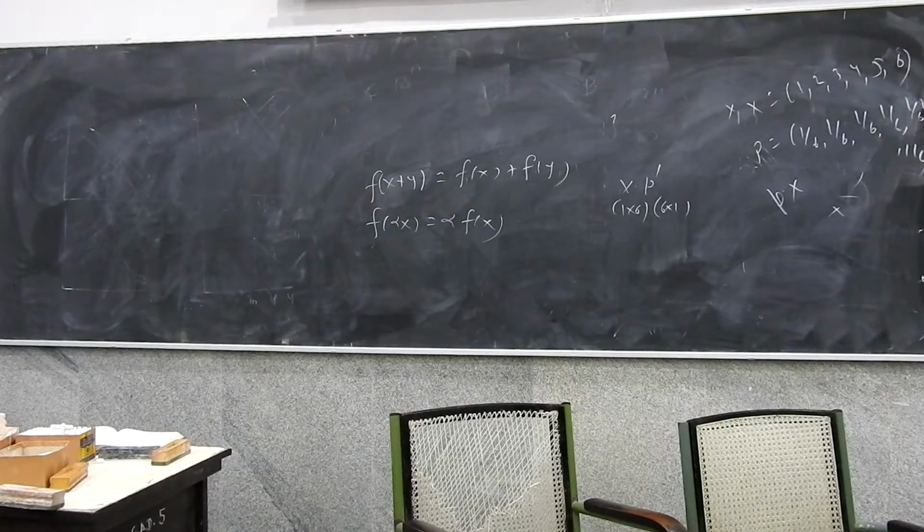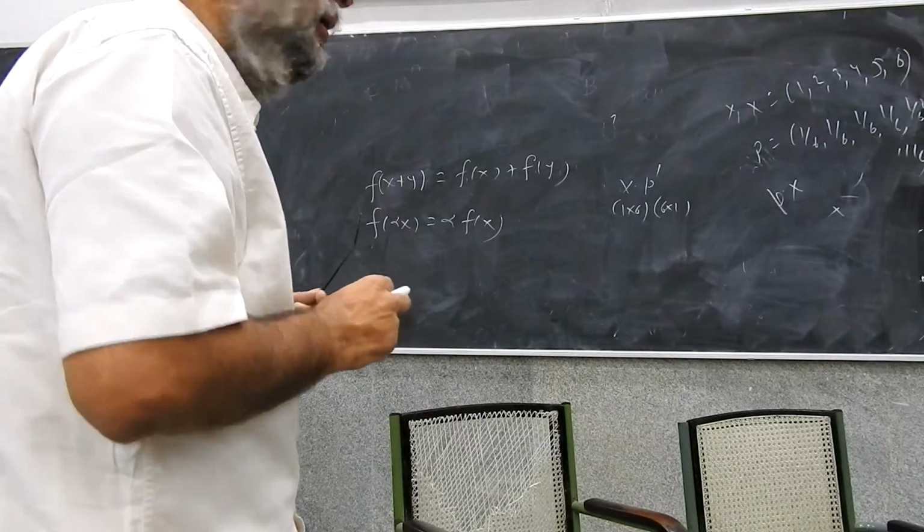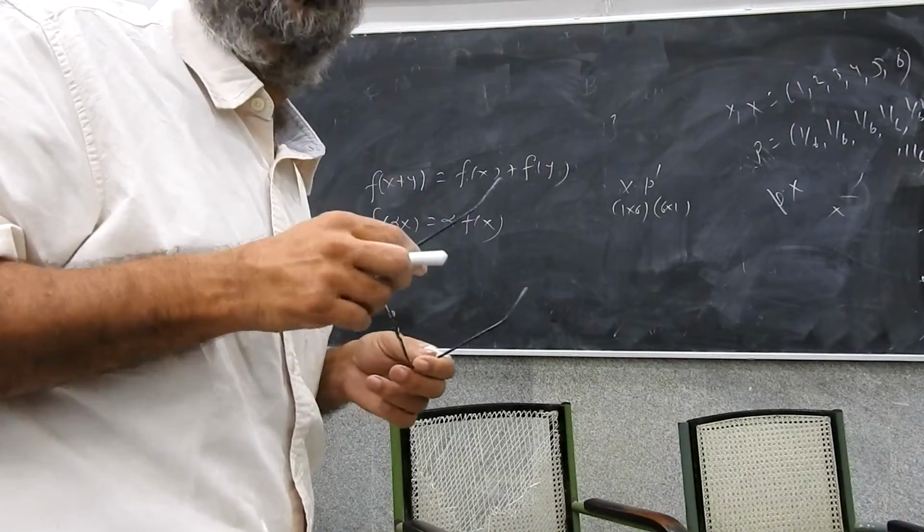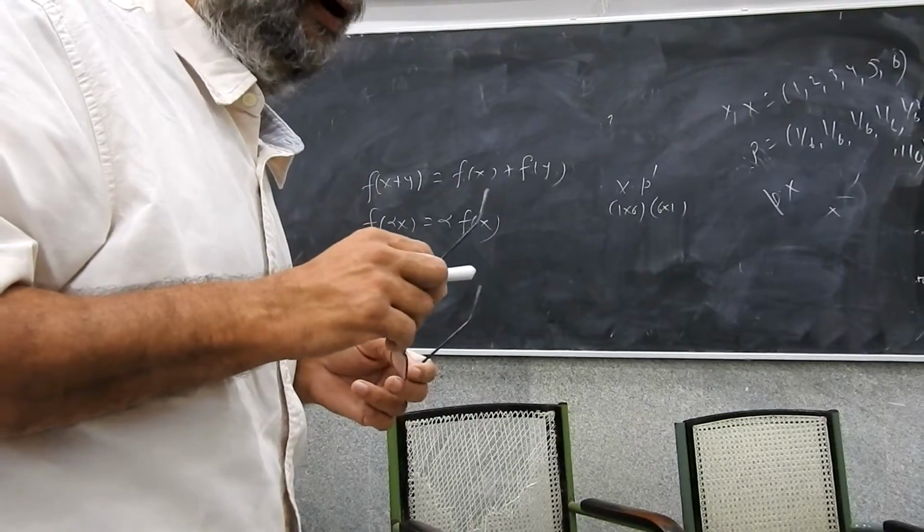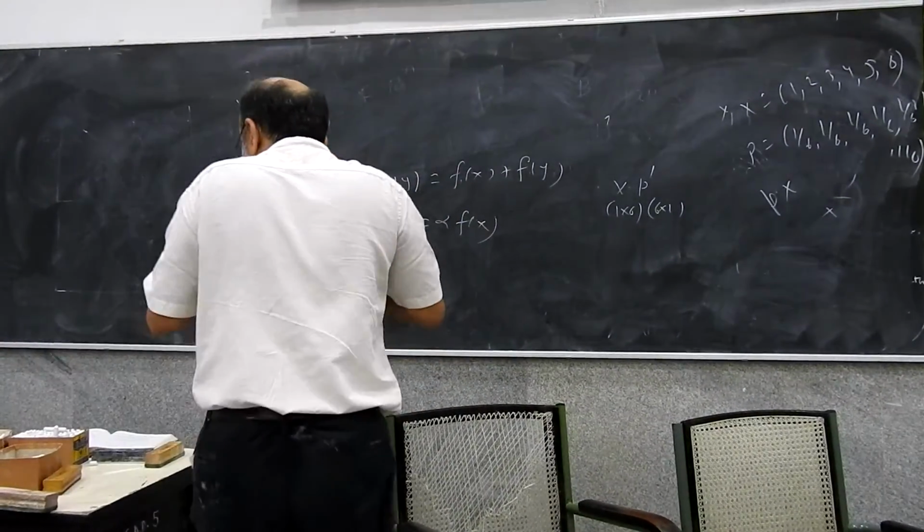Similarly, is variance of alpha x alpha variance of x? It is alpha square variance of x. So it's not a linear function. But the expected value operator is a classic example of a linear function.